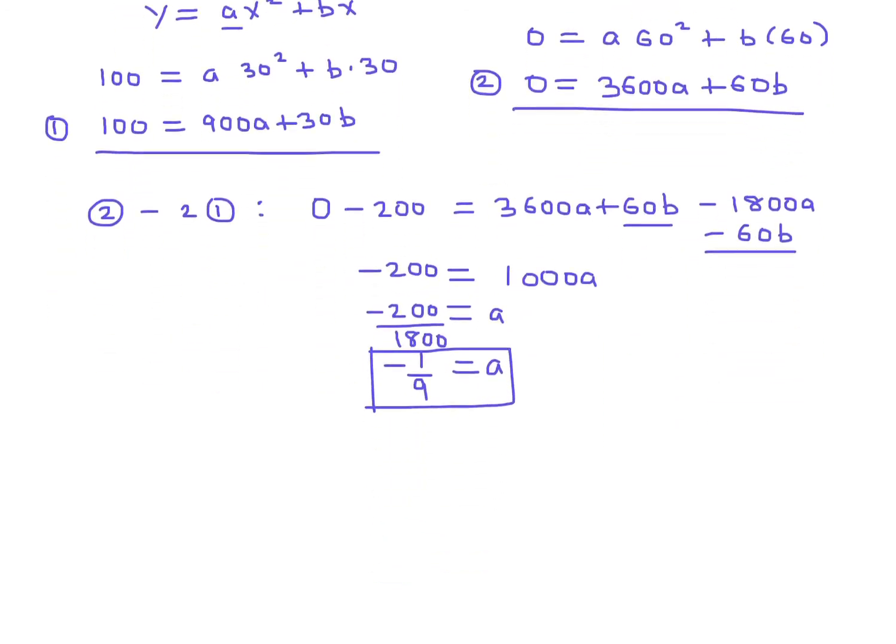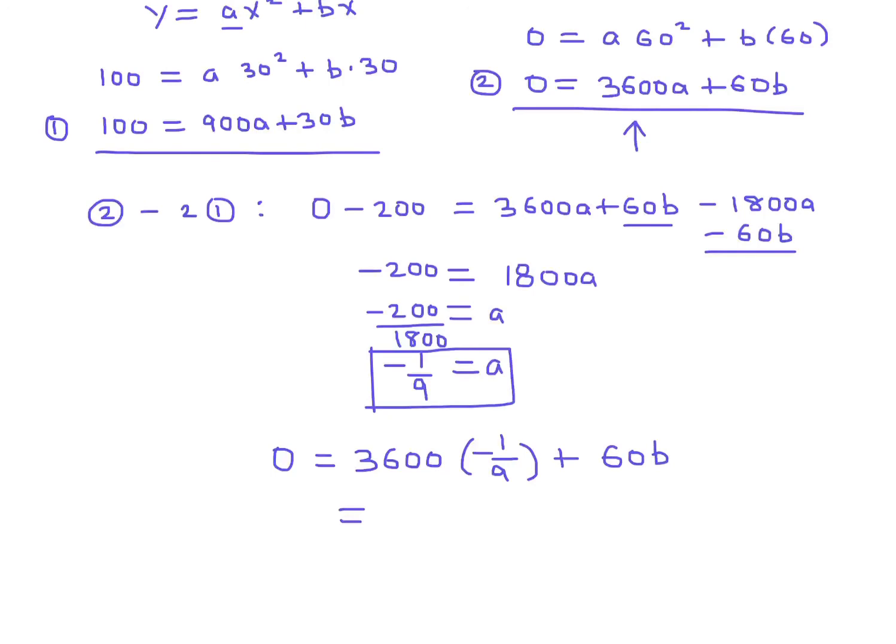We can figure out b by substituting a into either one of these. So I'll just substitute it into this one. It doesn't really matter, either one. So 0 is equal to 3600 times negative 1 over 9 plus 60b.